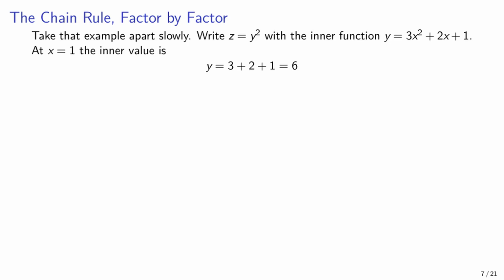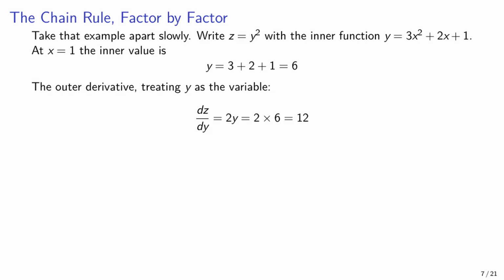Take the example apart slowly. Let z be y squared, where the inner function y is 3x squared plus 2x plus 1. At x equals 1, the inner value is 3 plus 2 plus 1, which is 6.